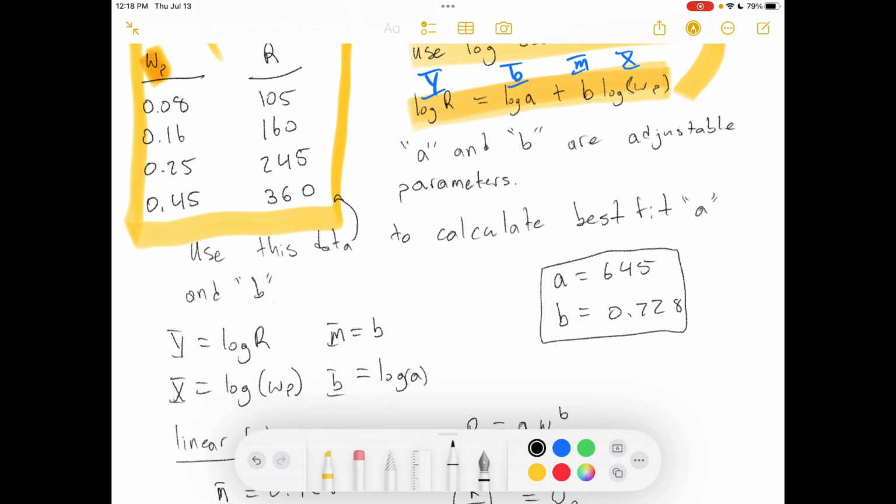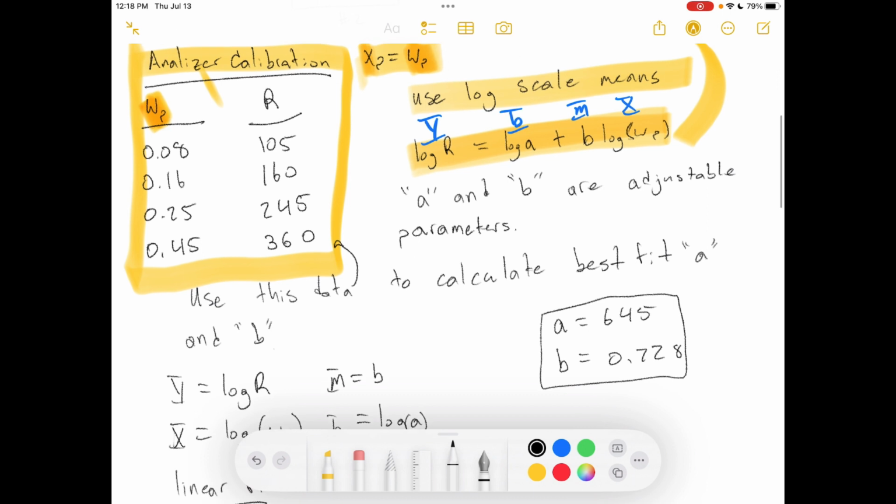A and B are just adjustable parameters. That refers to this A and this B. Sorry, I'm using B here and B here. I'll represent the intercept B as always having a bar above and a bar beneath. And this B is just an adjustable parameter in this equation, which also corresponds to the slope.